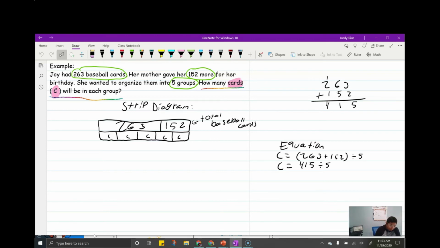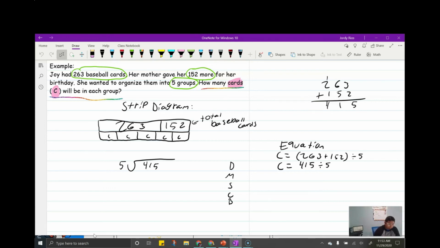So I'm going to do my little house. What number goes inside? Good, my dividend, which is 415. What number goes outside? Good, my divisor, which is 5. Okay.